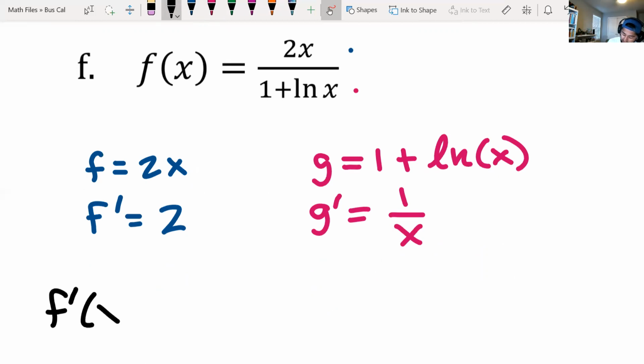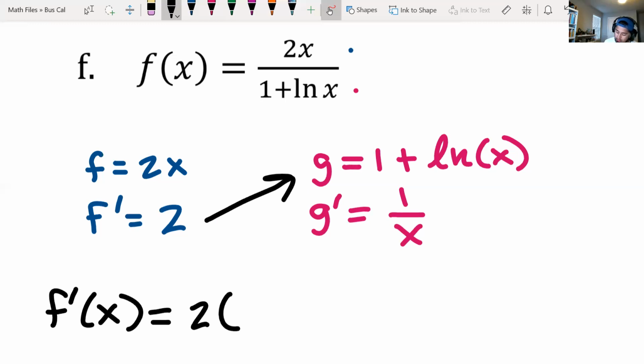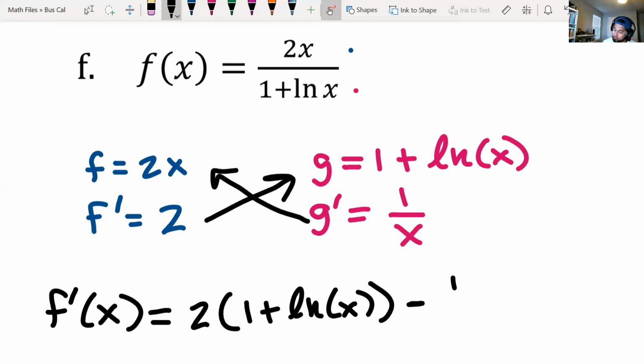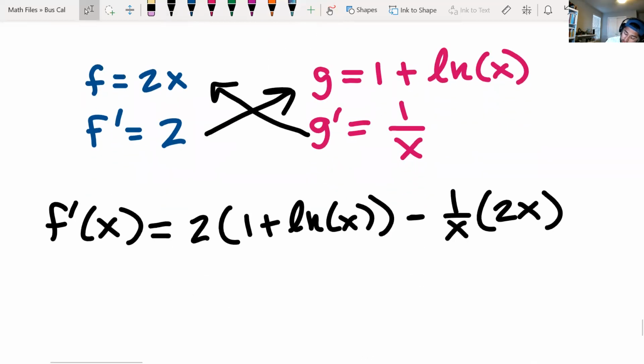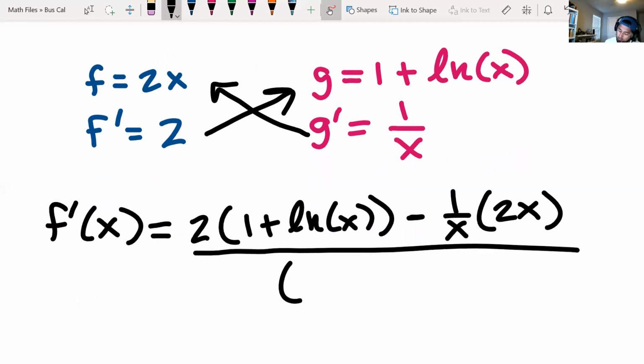So f prime of x is going to be f prime times g, 2 times 1 plus the natural log of x, minus g prime times f, 1 over x times 2x, all over the original denominator squared.